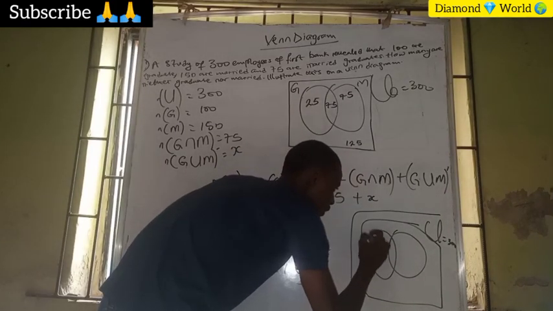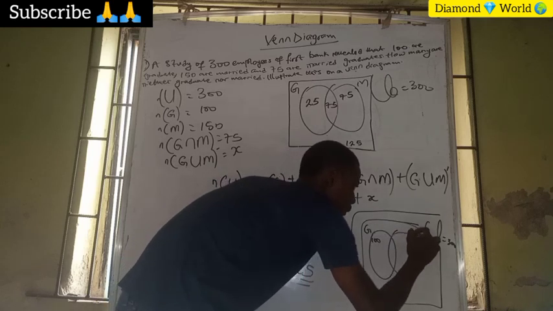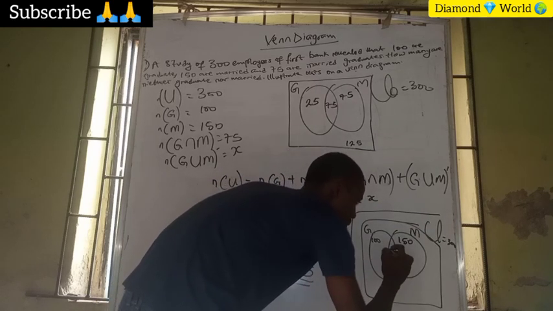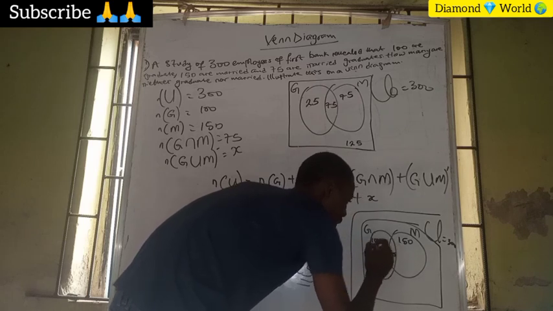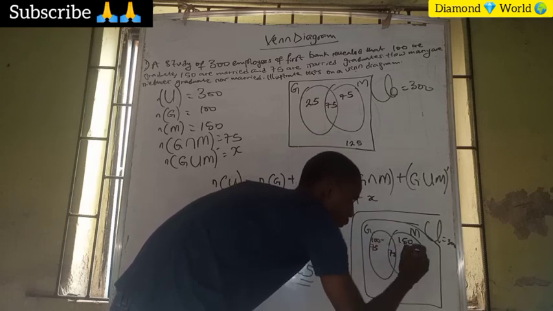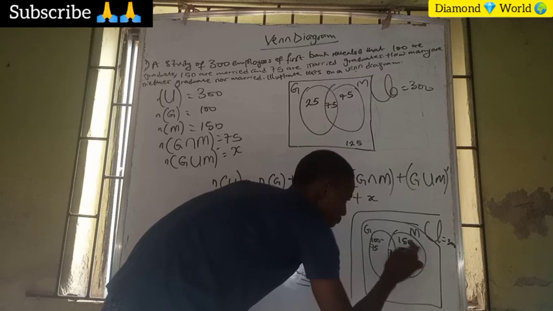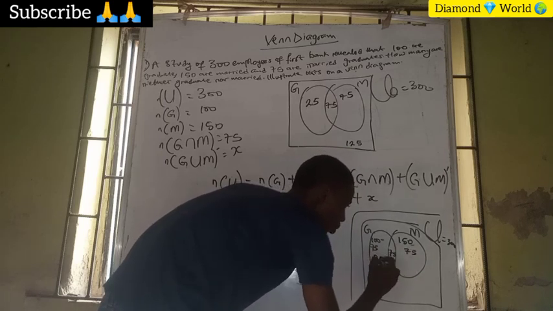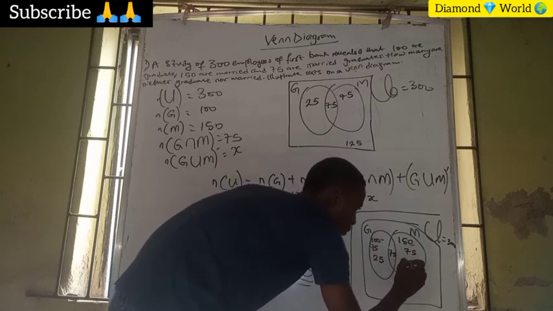I was given 100 initially, here I was given 150, and I was given 75 for this place. All I will just do is minus 75 from each. When I get my answer, I will be getting 25 and 75.